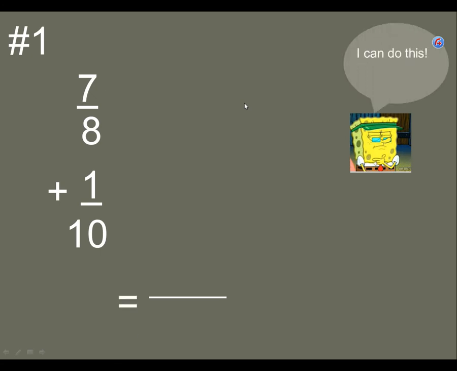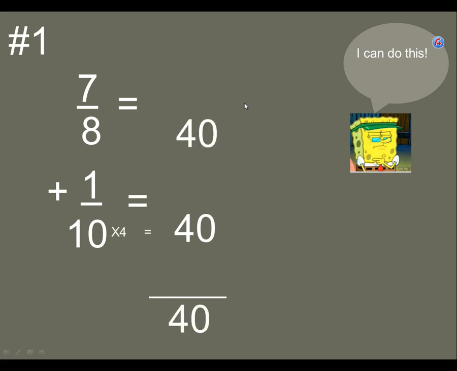Okay, I can do this. Alright, so 7/8 plus 1/10. So the common denominator is going to be 40. So 10 times 4, 40. 1 times 4 is 4, 7 times 5 is 35, like so.